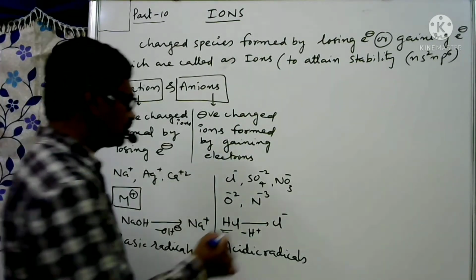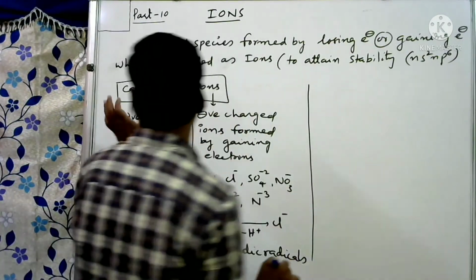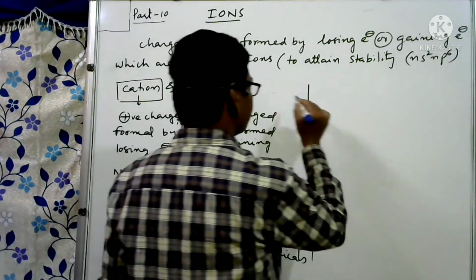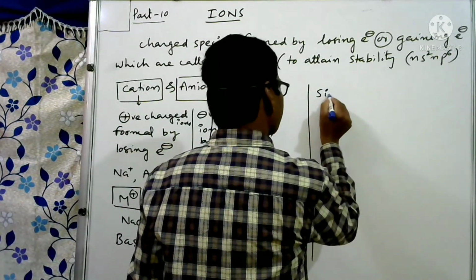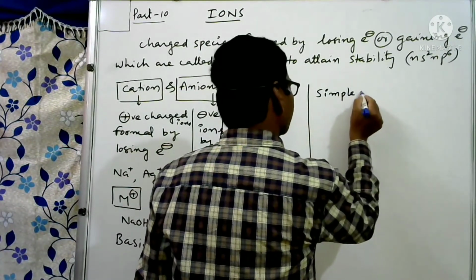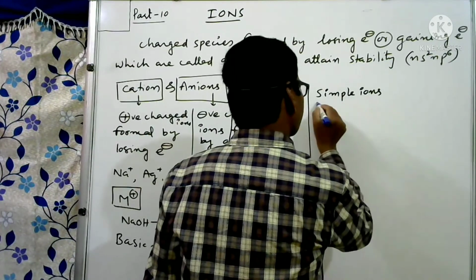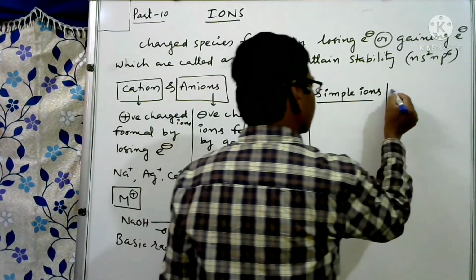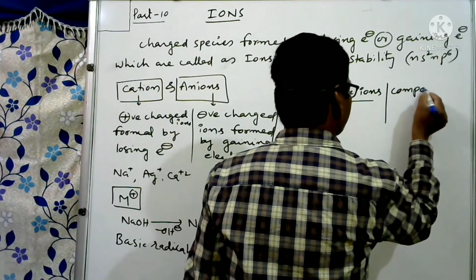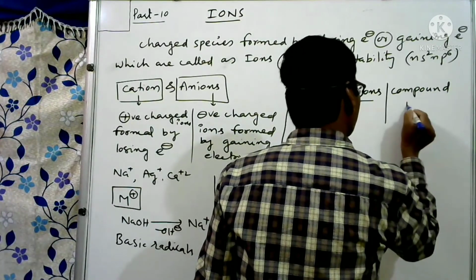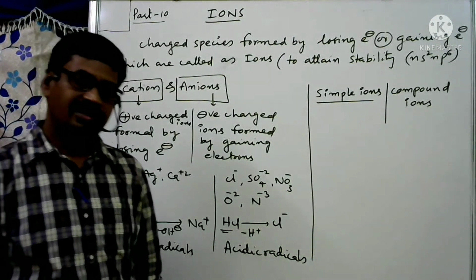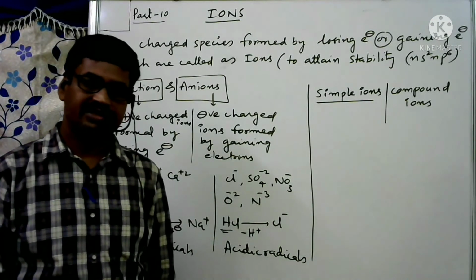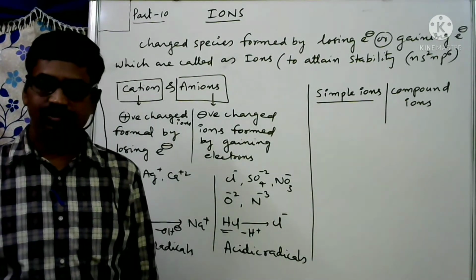So we have one more classification. These charged species are again classified into simple ions and compound ions. Simple ions may be anions or cations, but they must contain only a single atom.